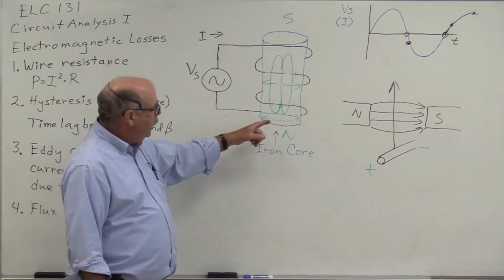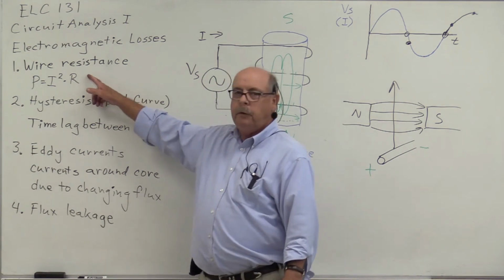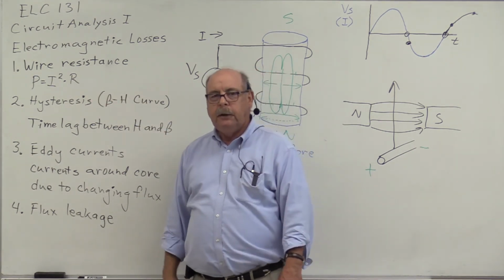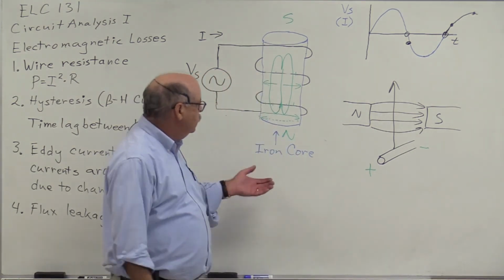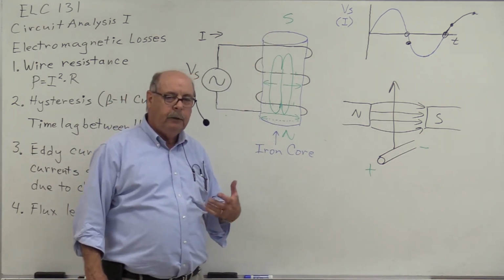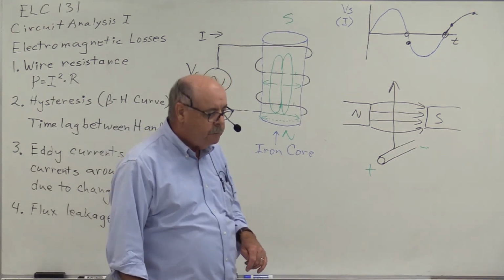And anytime we have current through a resistive material, we're going to have what? We're going to have power dissipation in the form of heat. And again, anytime I lose power in this system in the form of heat, then it represents, of course, a loss in our magnetic system.